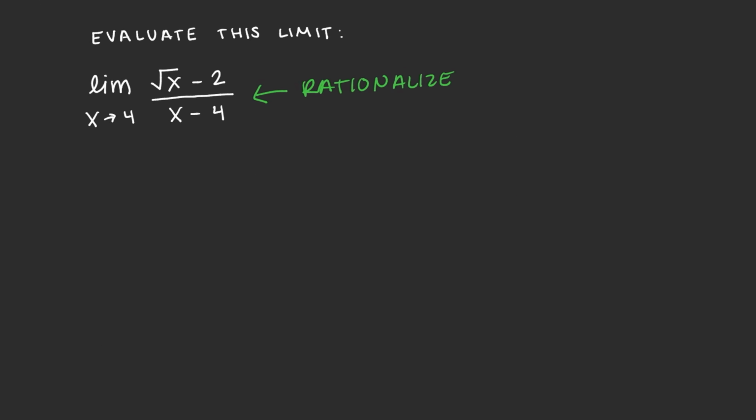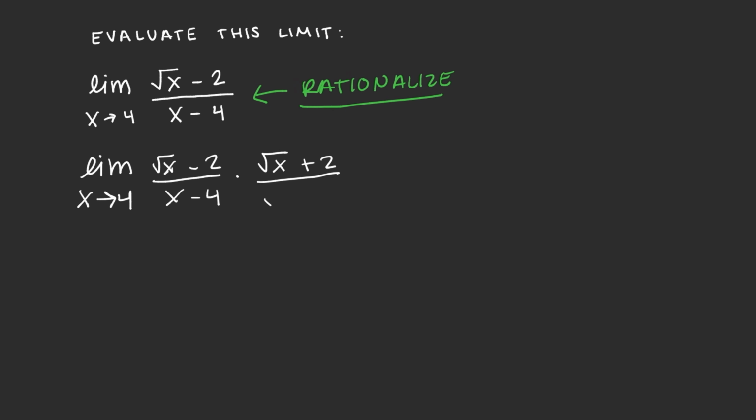Okay, this example is going to be similar to the previous one, and we'll approach it again by rationalizing first. So that'll look like this. The limit as x approaches 4, the square root of x minus 2 over x minus 4. And to rationalize, we're going to have to times it by the square root of x plus 2 over the square root of x plus 2.